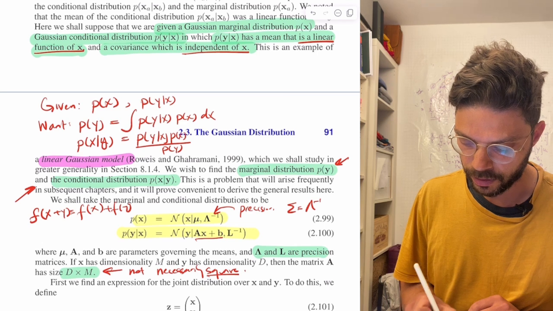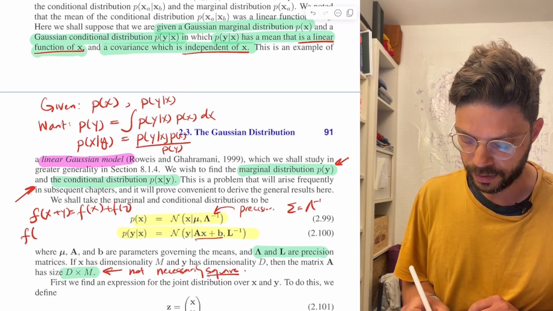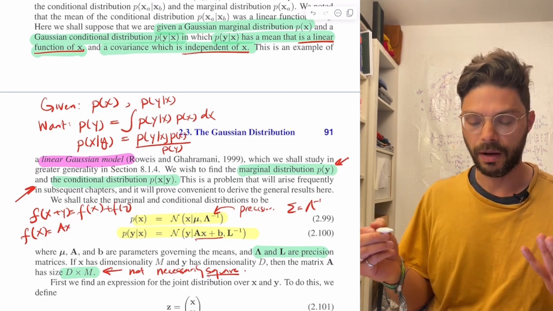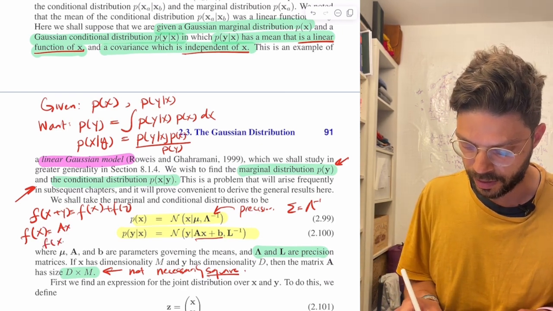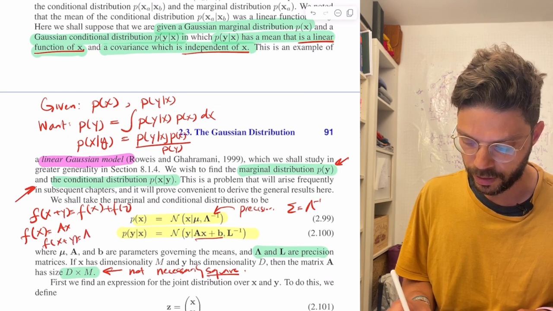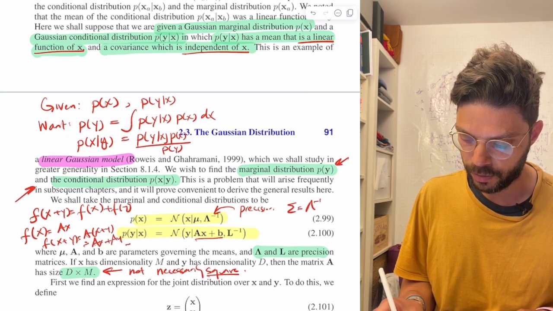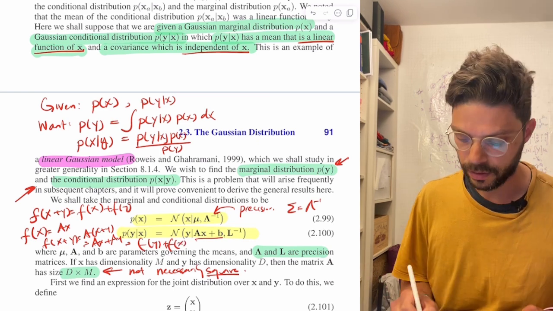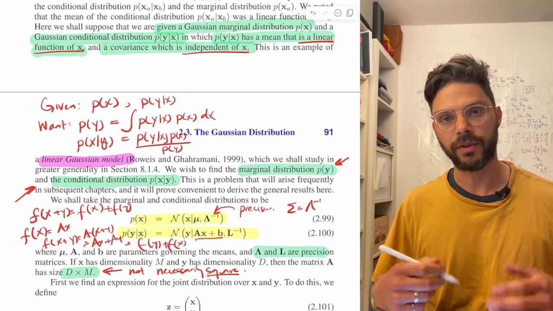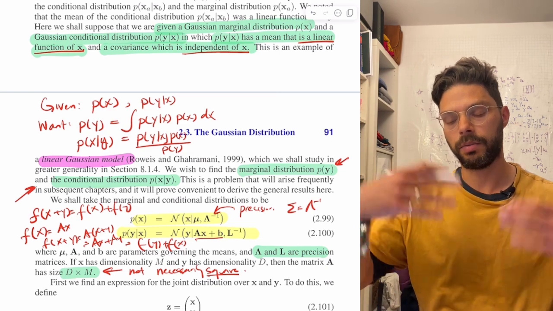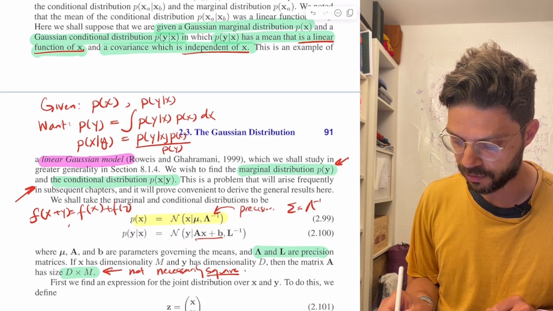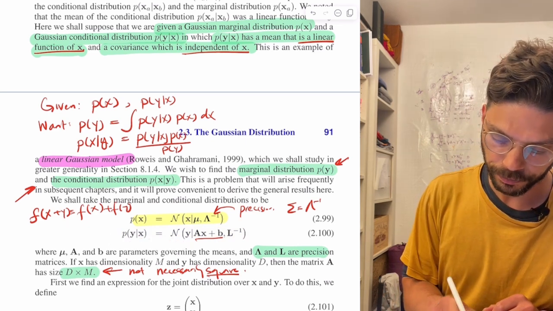If f of x is equal to Ax, then everything is fine, because f of x plus y equals A of x plus y, which equals Ax plus Ay, the sum of those two. But we don't actually have that. We have something more general: a linear function plus an offset. And the result is only linear if that offset is 0, and you'll see why.